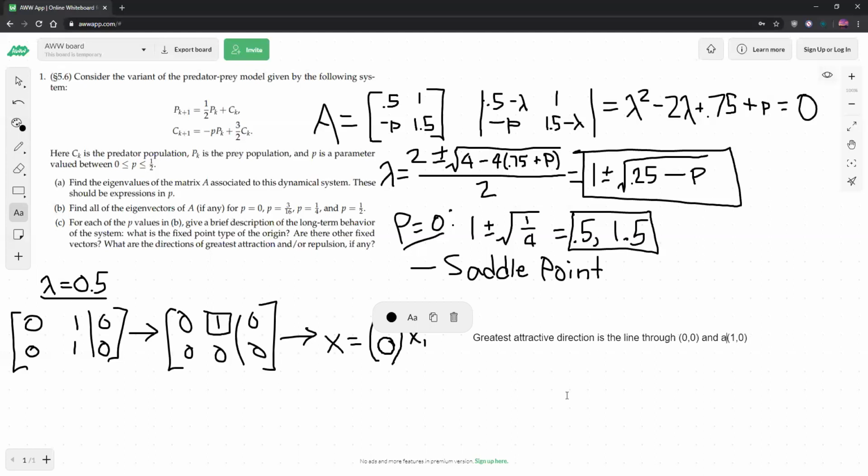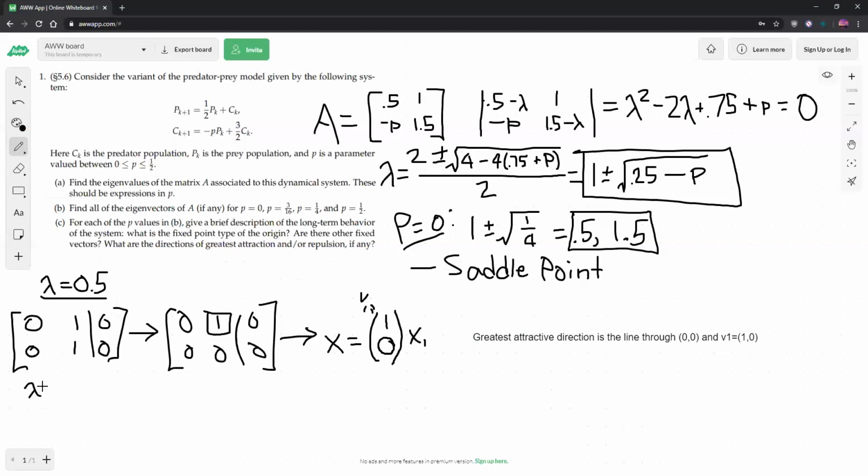And you could even write v1 equals 1, 0. Right, so that just says that if you take the eigenvector, the 1, 0 here, and draw a line that goes through the origin to that, that is going to be your greatest attractive direction.